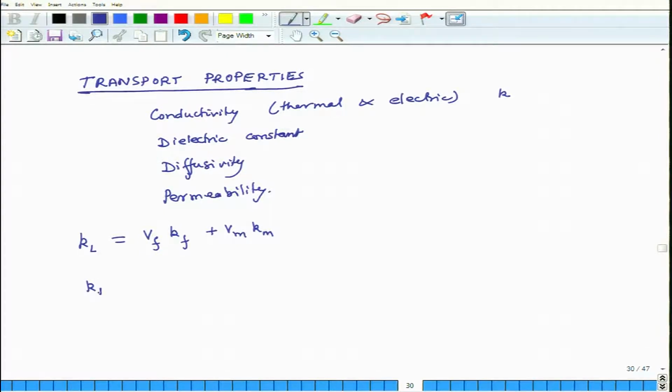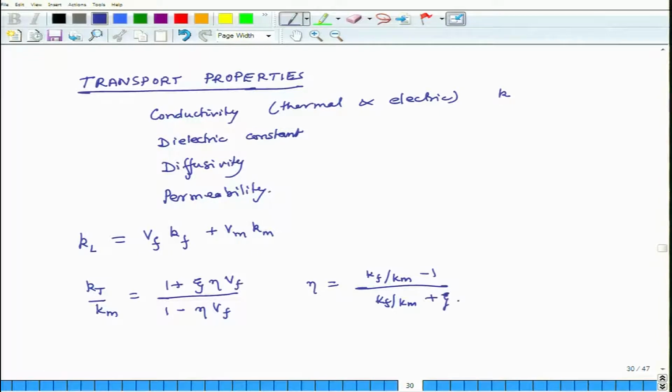And K t over K m, which is the transverse conductivity, is given by the Halpin-Tsai relation: 1 plus zeta eta V f divided by 1 minus eta V f, where eta is equal to K f over K m minus 1 divided by K f over K m plus zeta.